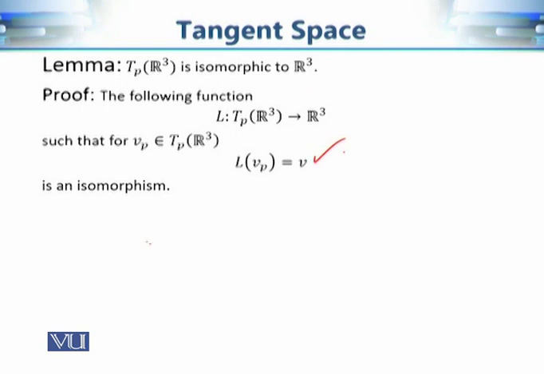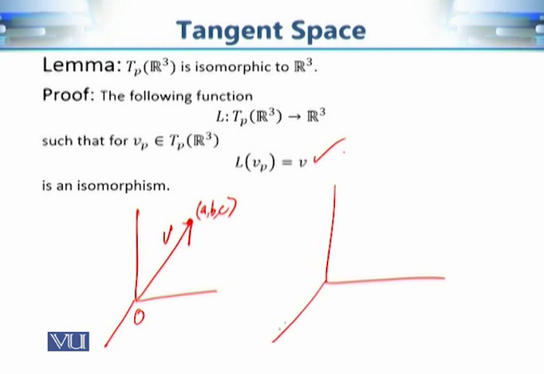Given any point in R3, let's choose a random point. We can sketch its vector, with the origin as the point of application and this point as the head. Let's say it has coordinates A, B, C. Then we can move this vector to the point P, which is a random point.